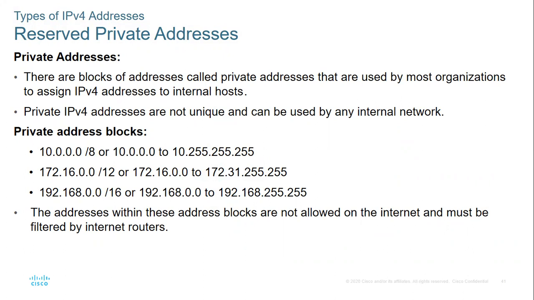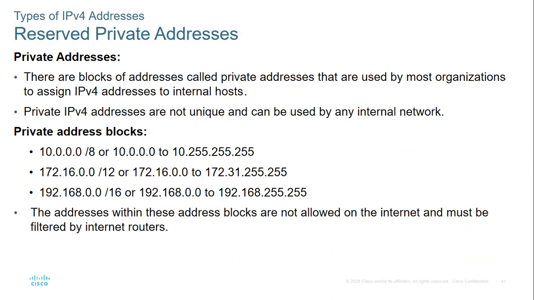But the internet has been expanding, so we are running out of those addresses. Therefore, they decided to come up with what is known as NAT, Network Address Translation. Under NAT, they came up with the private addresses, which can be used by so many organizations. But a PC with a private address cannot communicate to the internet.